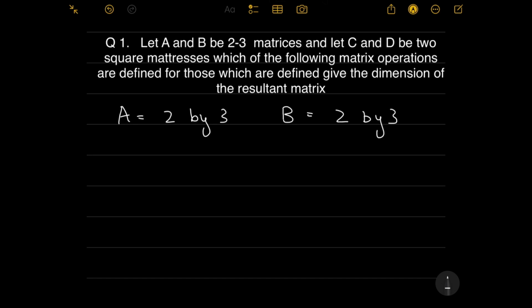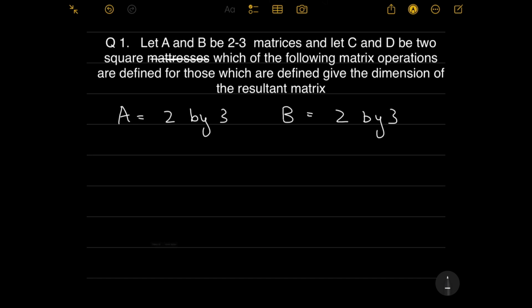And let C and D be 2 square matrices. The spelling here is wrong, sorry. We know square matrices have the same order, and that's 2 by 2.